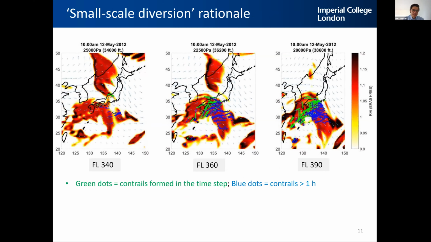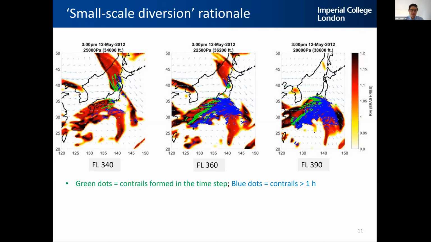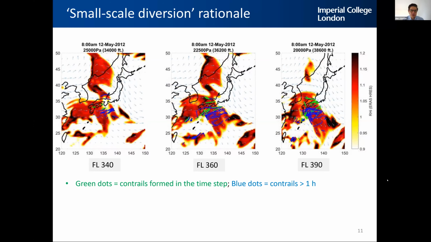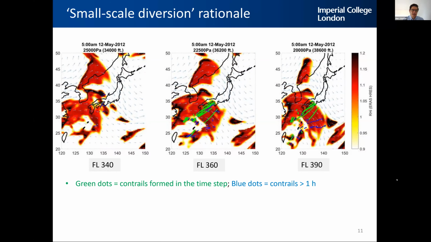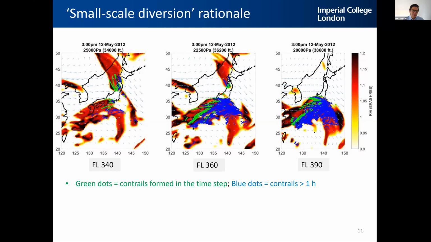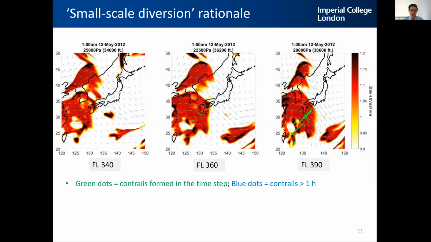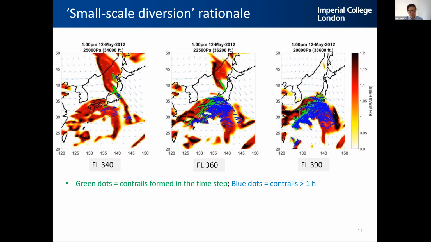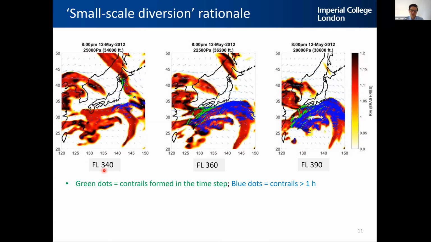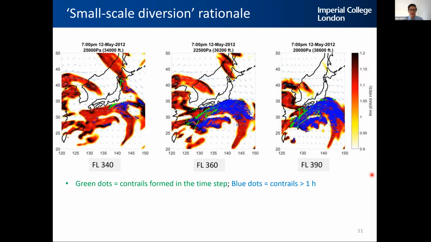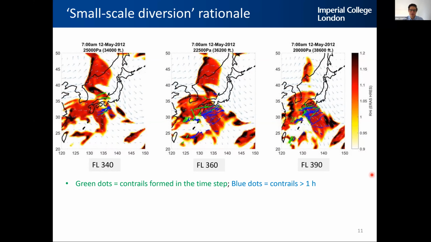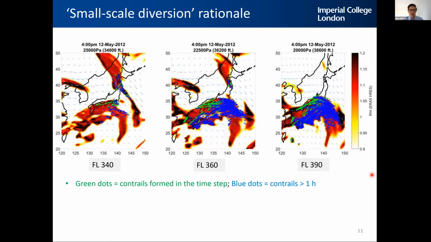Another thing to consider is that, as I mentioned earlier, you need the right atmospheric conditions for contrails to form and to persist. These figures show the relative humidity across the domain at 3 different flight levels: flight level 340, 360, and 390. The green dots indicate new contrails and the blue dots indicate persistent contrails.